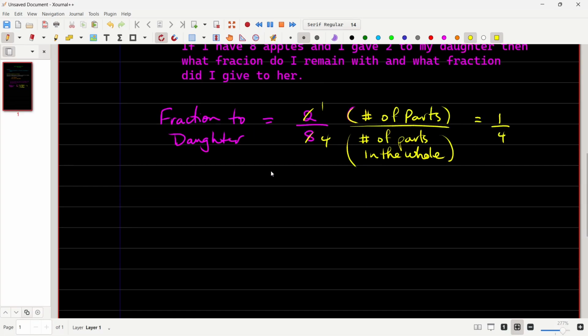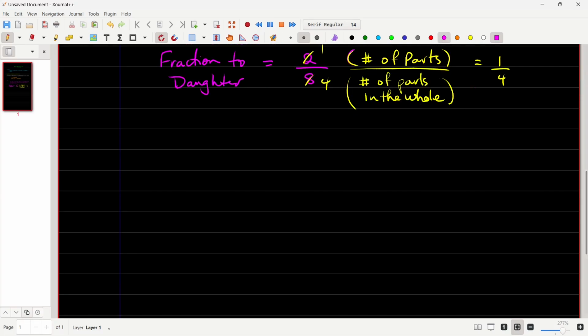Now, what is the fraction I kept? So let me write that out. So fraction kept by me. I kept 6 out of the 8.